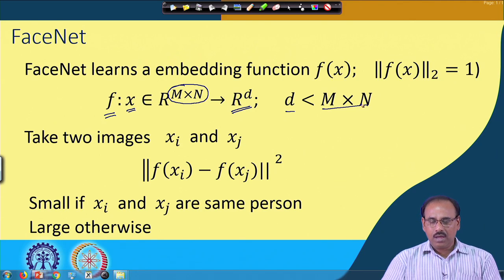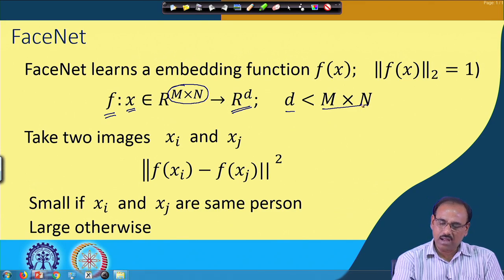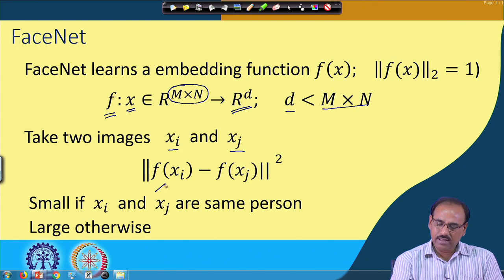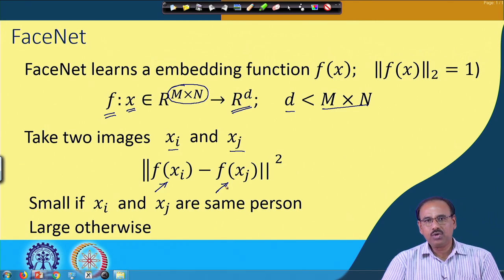Right. So the advantage, as we have said earlier, is that if I take two images, say xi and xj, both of them are embedded in that d-dimensional space, maybe a Euclidean space, through this embedding function f.